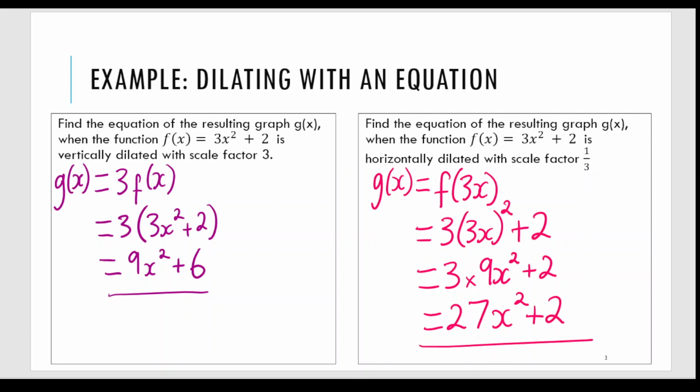What that is doing is dilating it in the horizontal direction. And because we've got a scale factor of less than 1, it's actually going to be squeezing it inwards towards the y-axis. So we're basically taking both of our hands, grabbing the equation and squeezing it towards the middle of the axis.